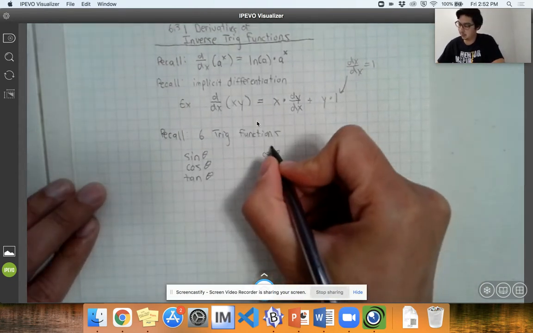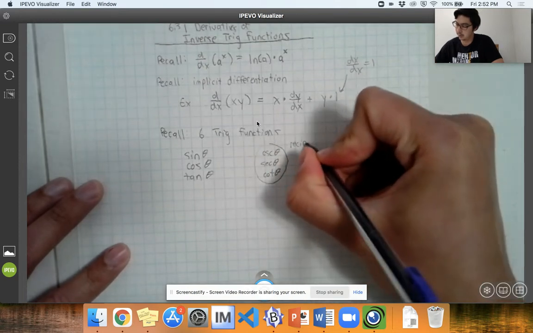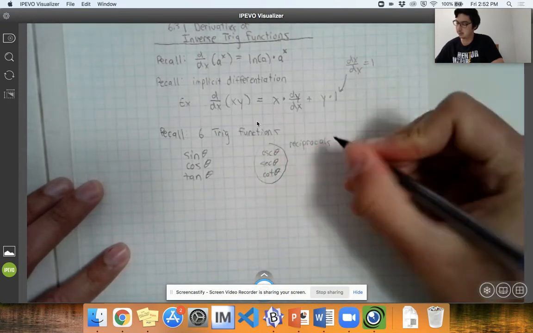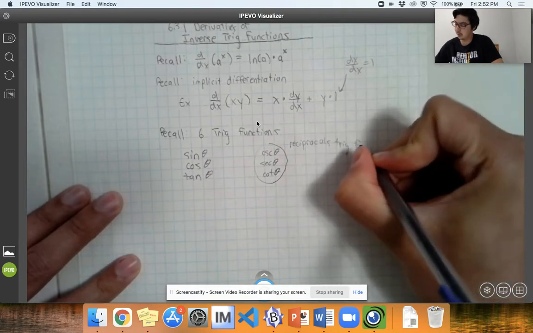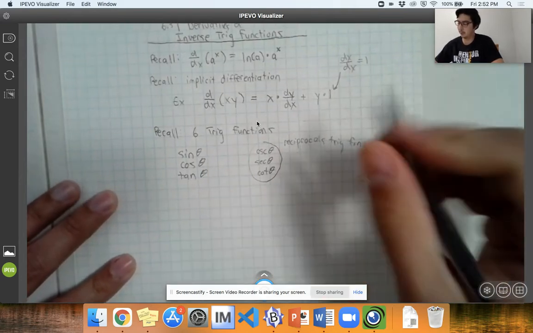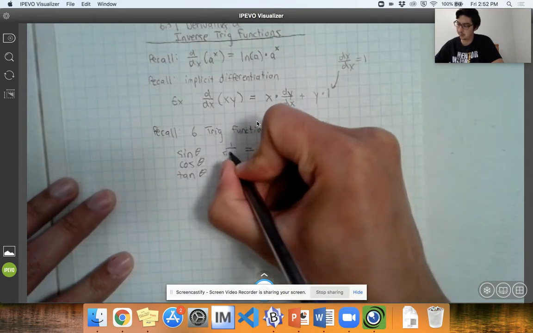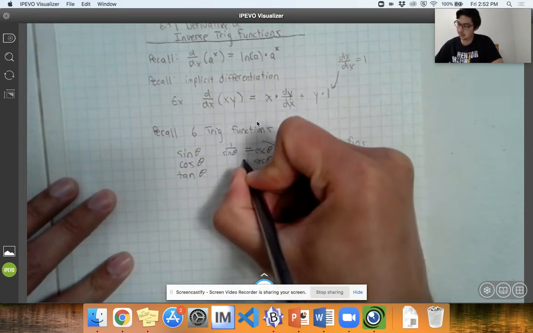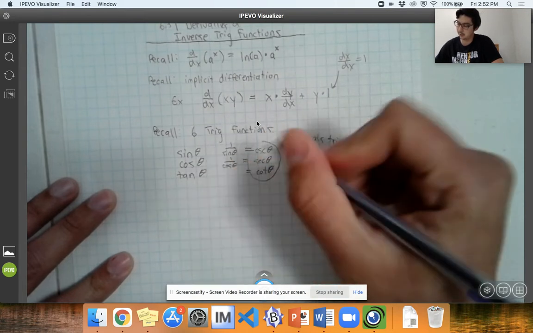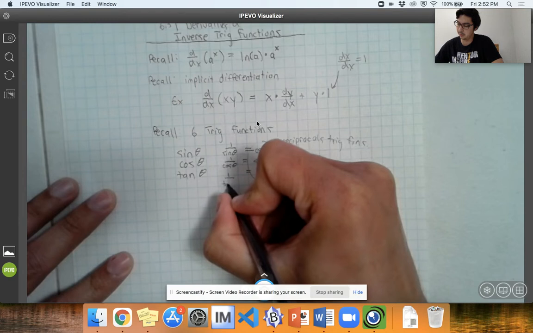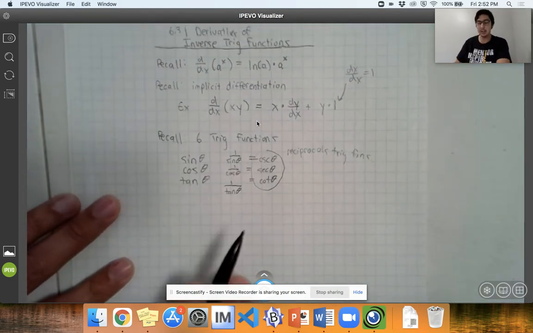Remember that these are reciprocal trig functions. And what I mean by that is, remember that cosecant is 1 over sine of theta. Secant is equivalent to 1 over cosine of theta. And cotangent is 1 over tangent theta.